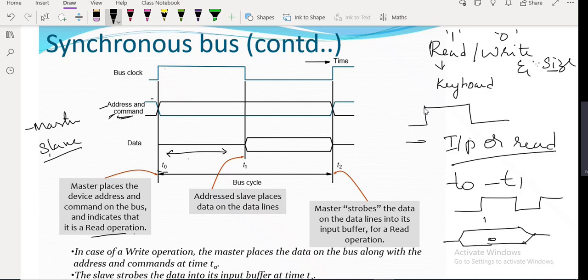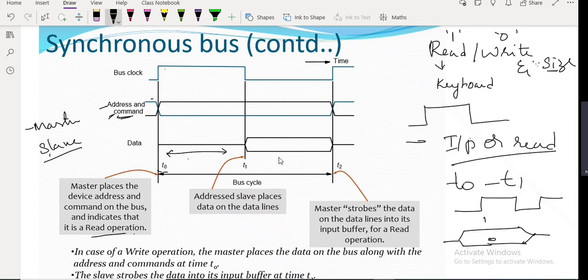Now you just write for input and read. So just write the diagram. All this explanation you can get from the notebook. Okay, just write the diagram.